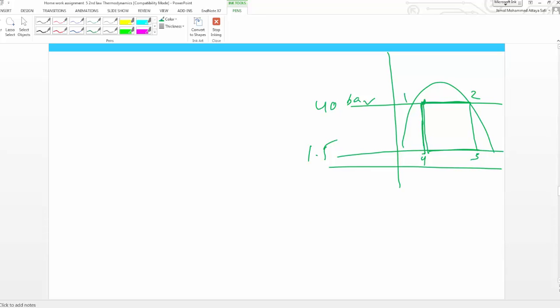It's adiabatic, so I can write, you can see that the adiabatic process is easier.